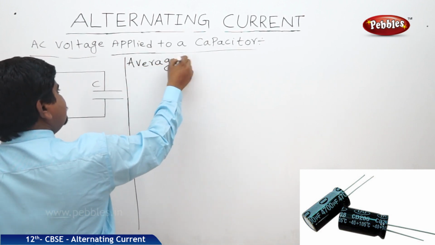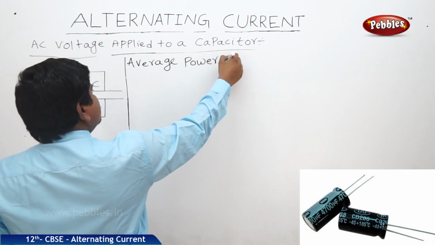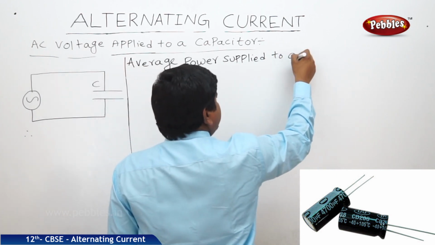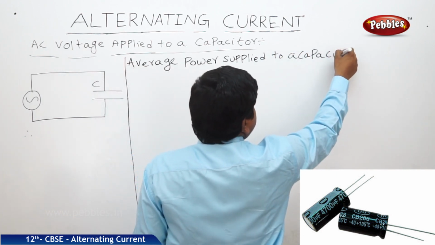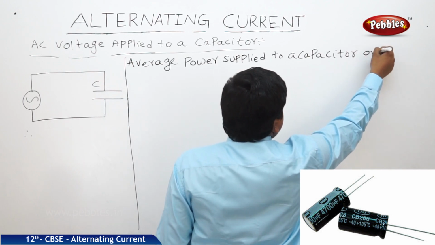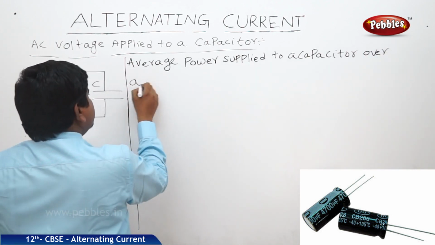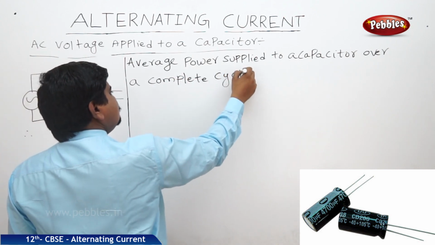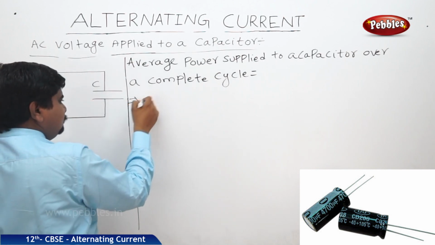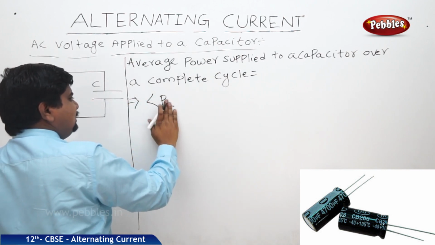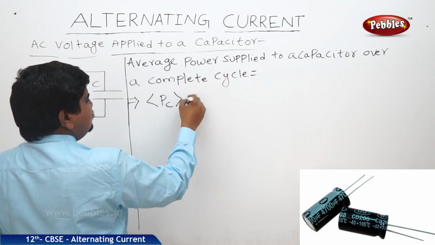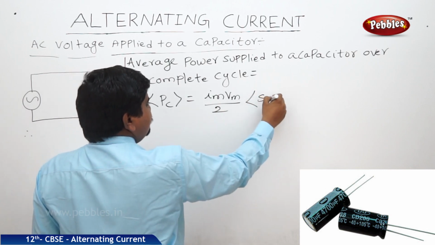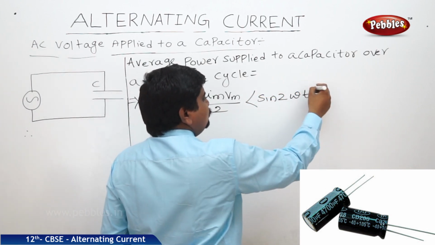Average power supplied to a capacitor over a complete cycle is equal to the average value of Pc, which is equal to Im Vm by 2 into the average value of sin 2 omega t.